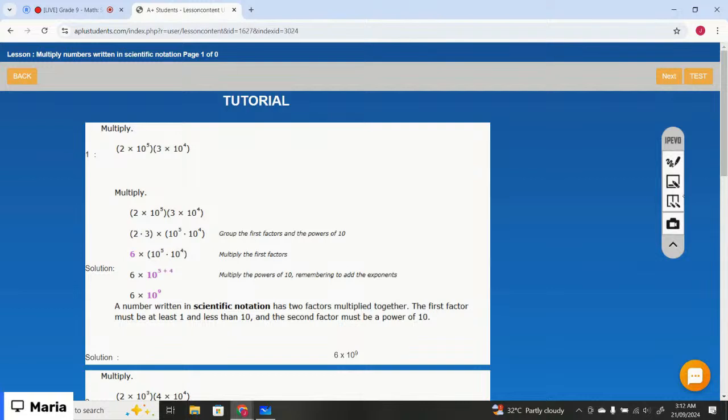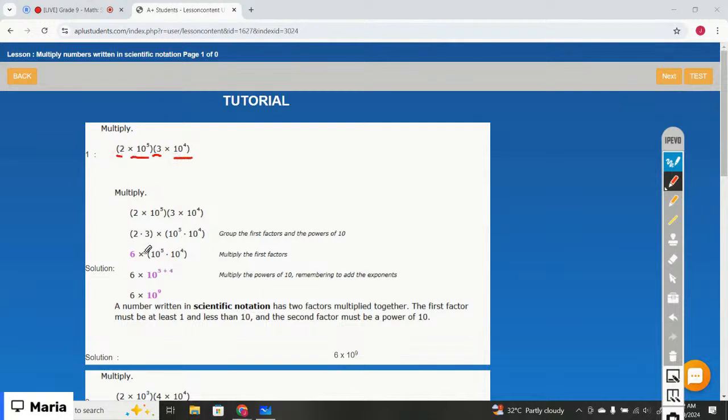So you can multiply the factors and the numbers, right? You need to do 3 times 2 and 10 exponent 5 times 10 exponent 4. Here you have 2 times 3, 10 exponent 5 times 10 exponent 4. So we know that 2 times 3 is 6. Then 10 exponent 5 times 10 exponent 4, the bases are the same. We need to add their exponents. So that is 6 times 10 exponent 9.